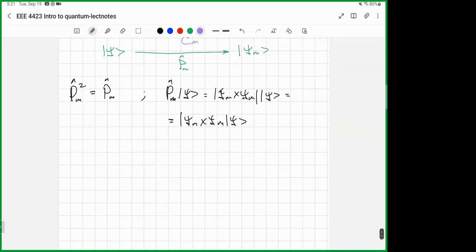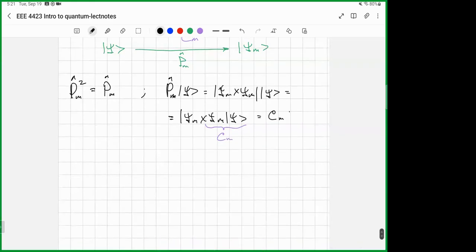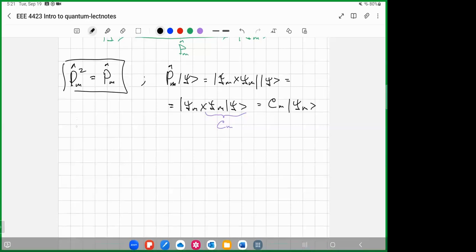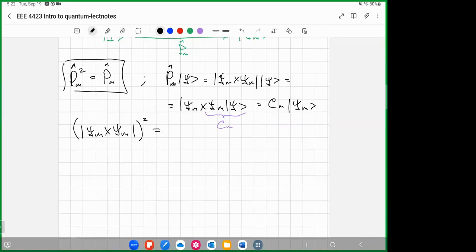This is just the projection of psi on psi m, which gives us the coefficient cm. So the result will be some constant cm and the vector psi m. This is how this projective operator works. In order to prove this statement, I simply write this projective operator psi m and take it twice.